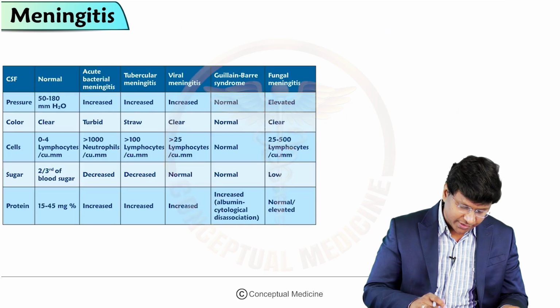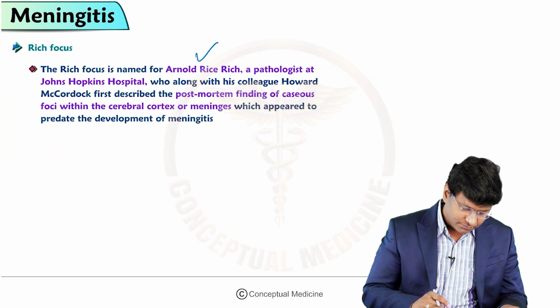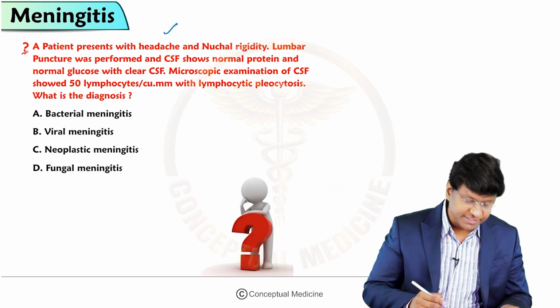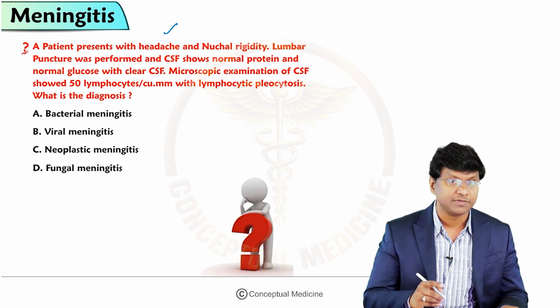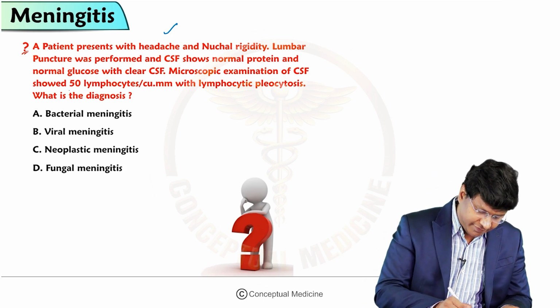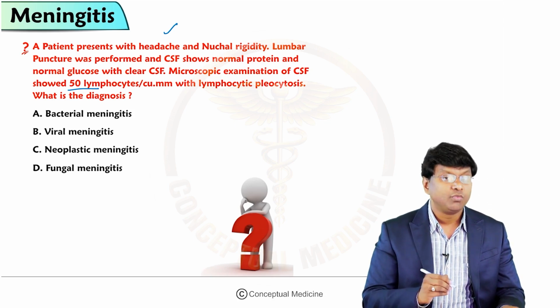Now you see another important clinical scenario. A patient presents with headache and nuchal rigidity. Lumbar puncture was performed and CSF shows normal protein and normal glucose with clear CSF. Microscopic examination showed 50 lymphocytes per cubic millimeter with lymphocytic pleocytosis. What is the diagnosis?